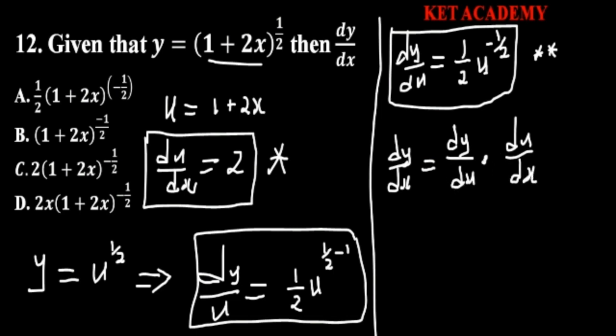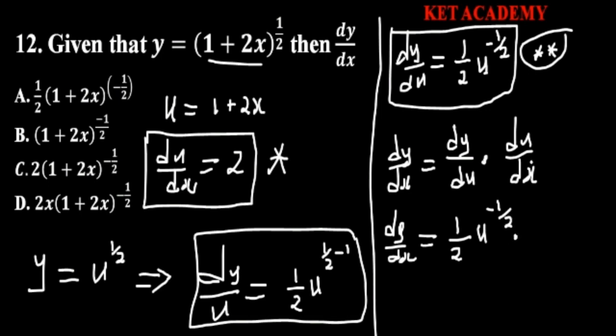We've just included a parameter which can easily be cancelled out. So our dy on dx will simply be, what is our dy on du? From our equation double star, we're going to have a half u to the power minus a half.